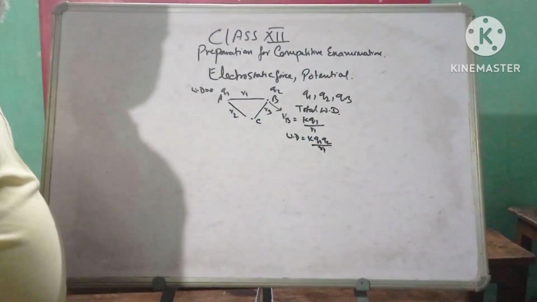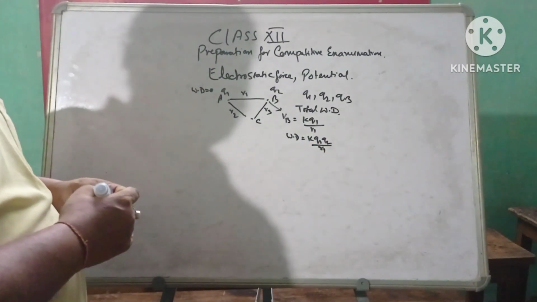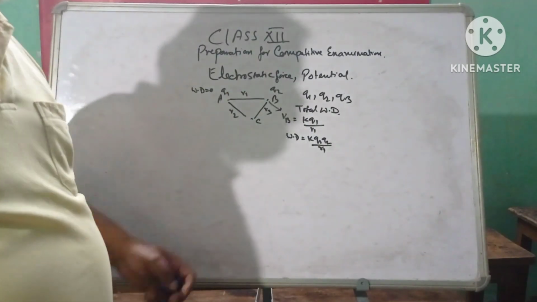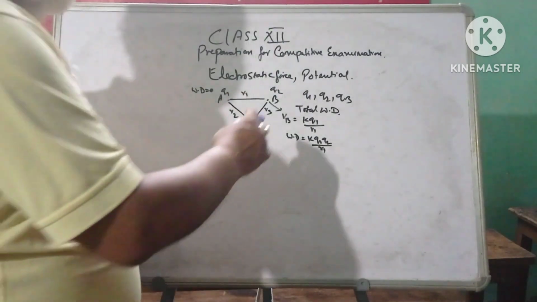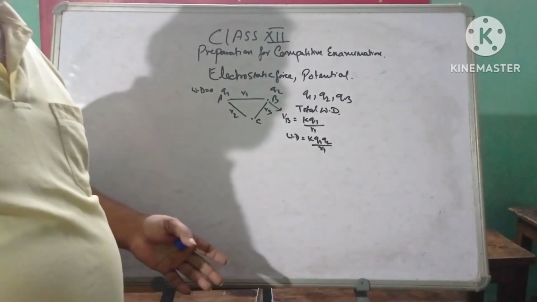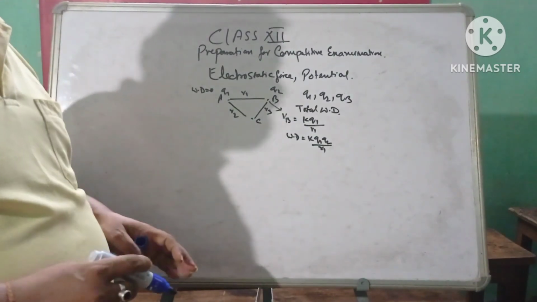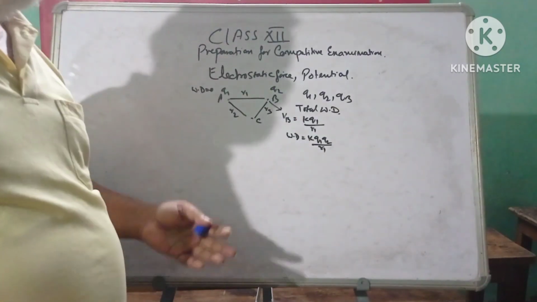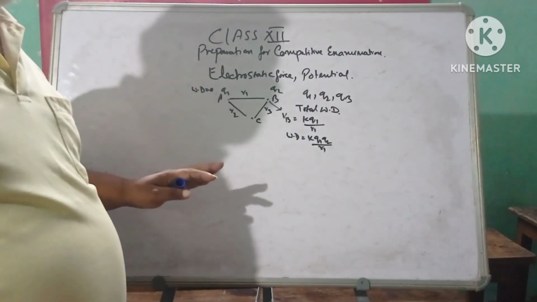But the important thing here is that when you bring Q2, it has not been explained in your book from where you are bringing Q2. This has not been told to you.